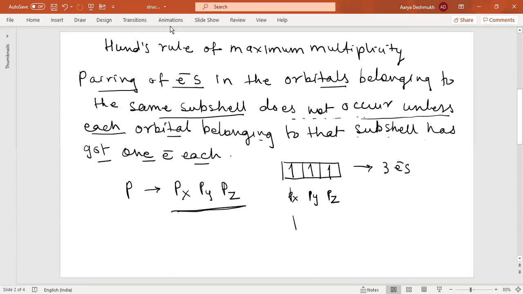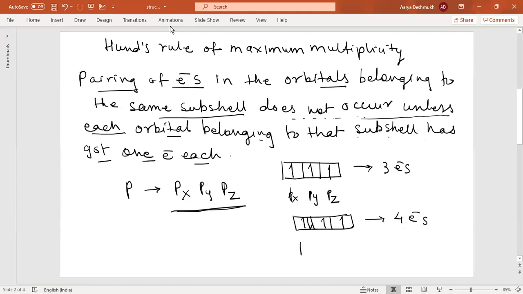Now when you are supposed to write the electronic configuration for the atom with atomic number equal to 4, I would not name the atom, I'll just write the number of electrons only. These 4 electrons can be written this way: 1, 2, 3, and then the pairing starts.